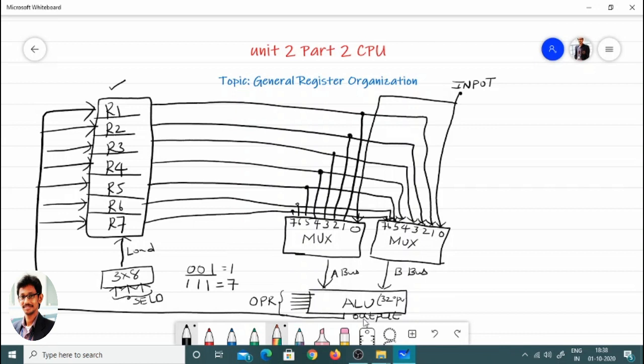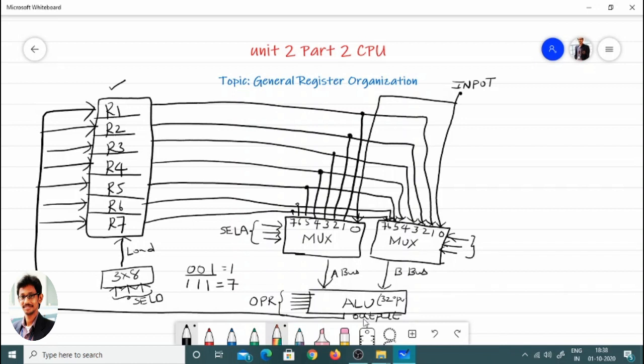Now see here. This mux has how many input lines? 8 input lines. So that's why I'm using how many? 3 control variables. These 3 control variables are denoted by SELA, selection A. Now here also 8 input lines. That's why how many control variables will be there? 3.